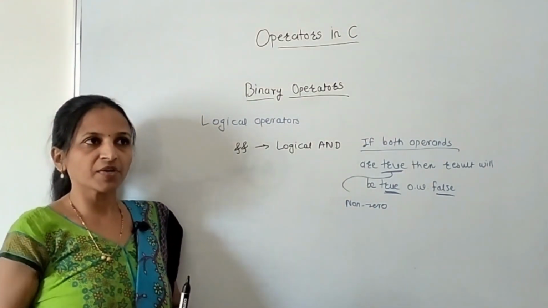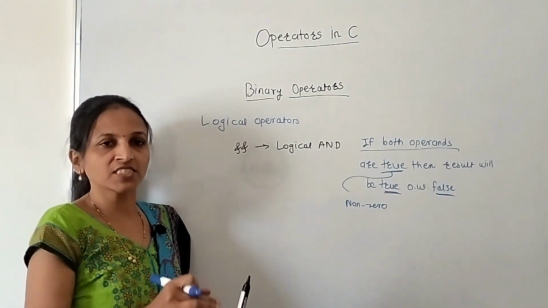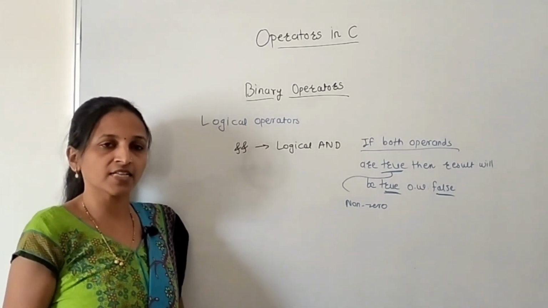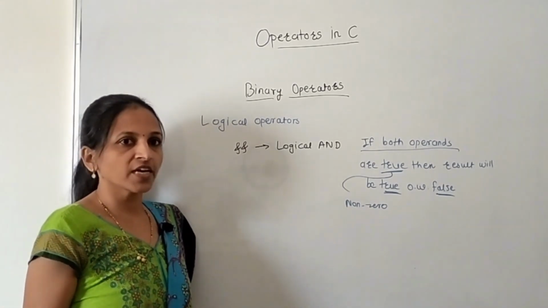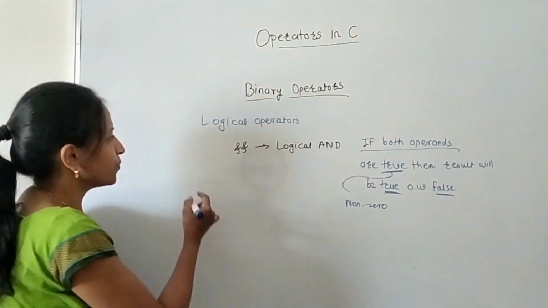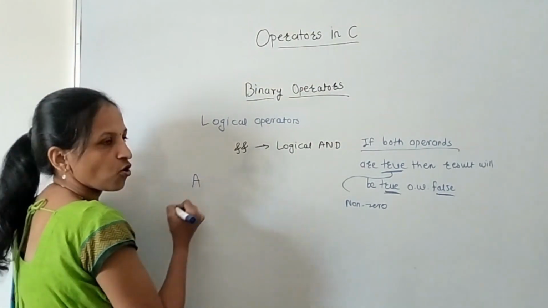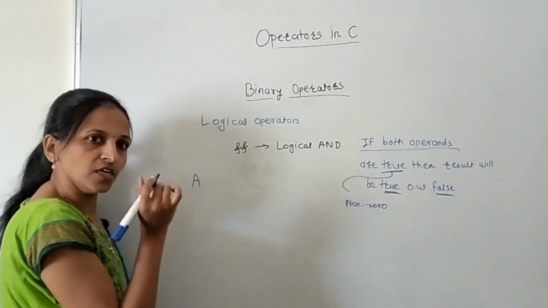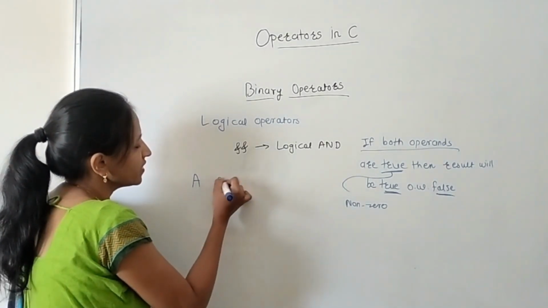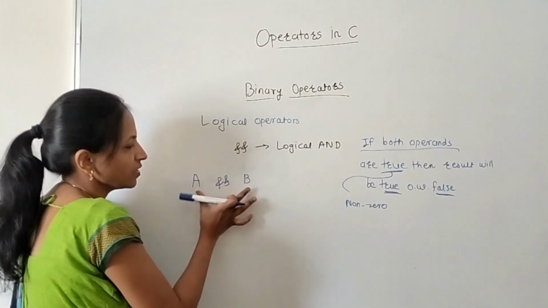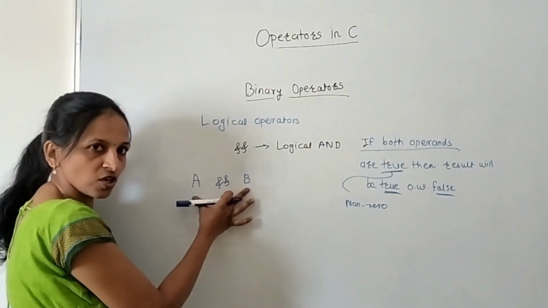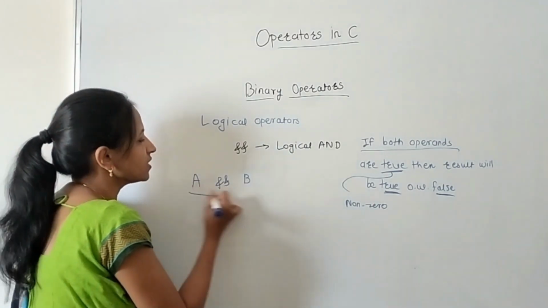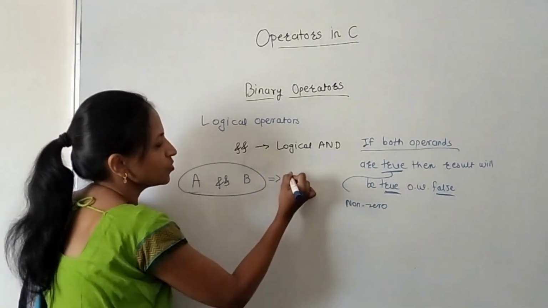In programming, a non-zero value will always be considered true and a zero value will be considered false. See, in this way, suppose A is one operand, it may be any condition or anything, and suppose we are attaching it with B. If both have non-zero value or if both are true, then only the result will become true.